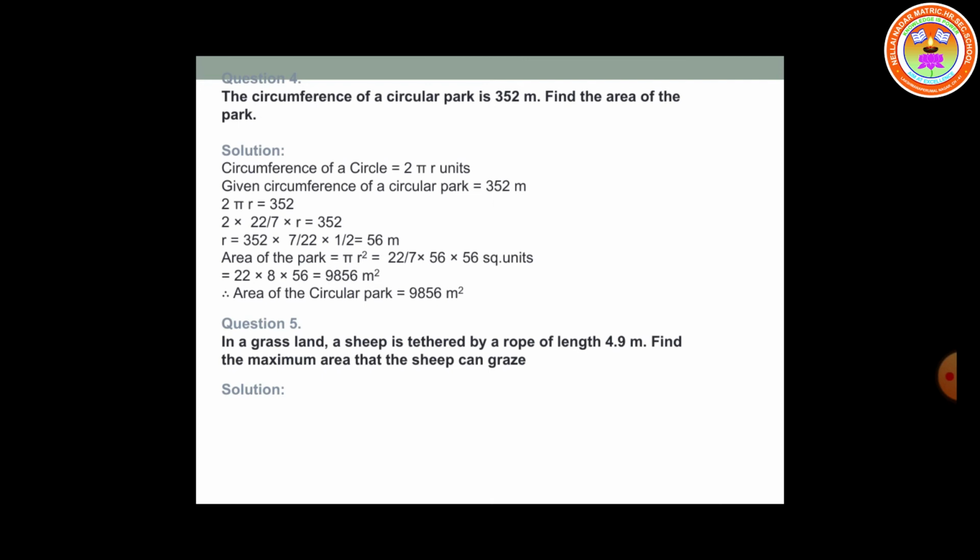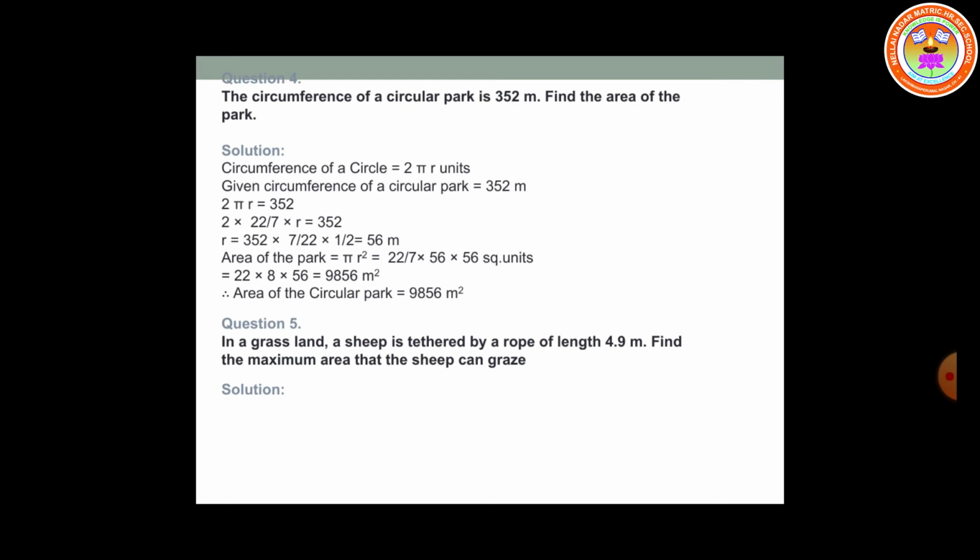In exercise 2.1 we are studying the circumference of a circle. What is the formula for the circumference of a circle? 2 pi r units. Given that the circumference of the circular park is 352 meter, therefore 2 pi r is equal to 352 meter. Then how do you find that one?